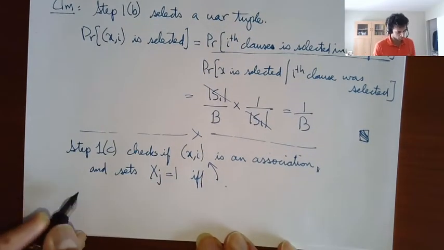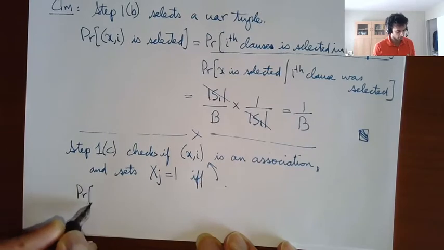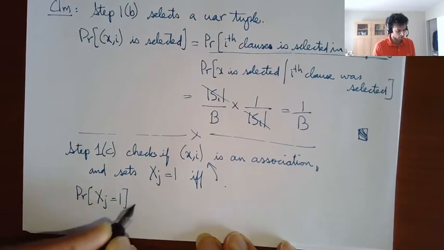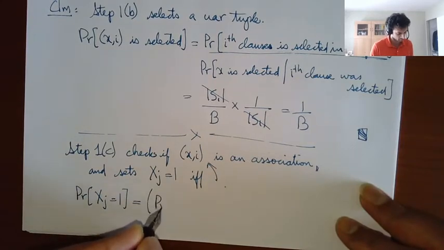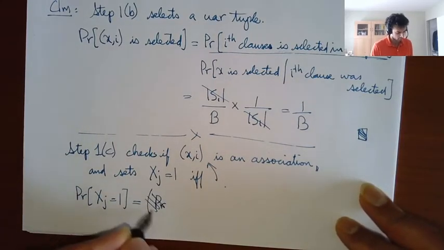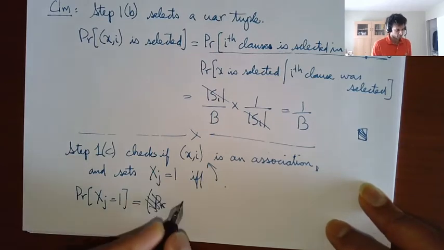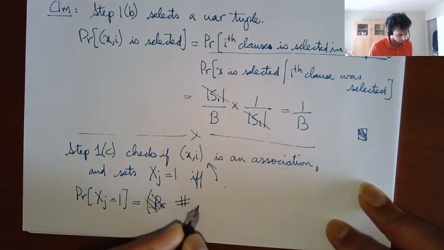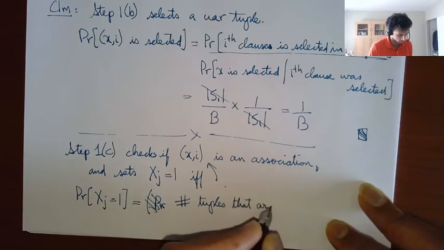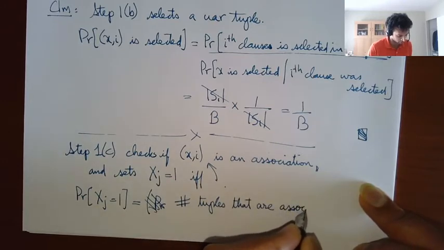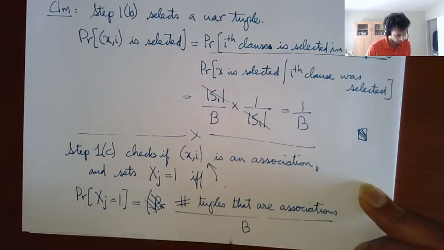So the probability that xj is equal to 1 is exactly the number of tuples that are associations divided by b.